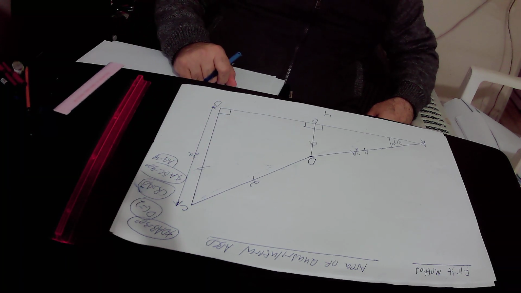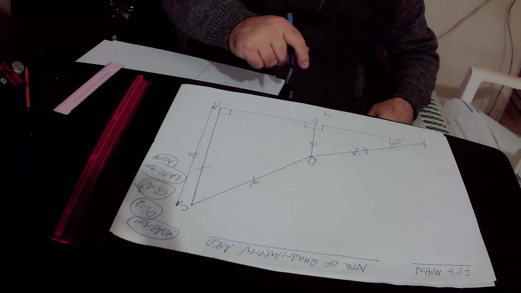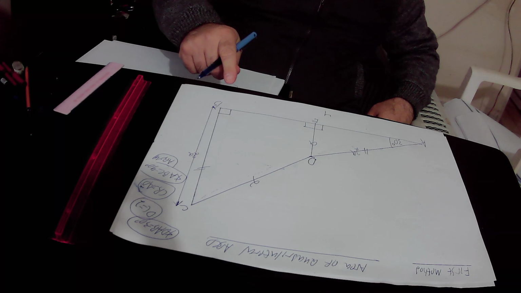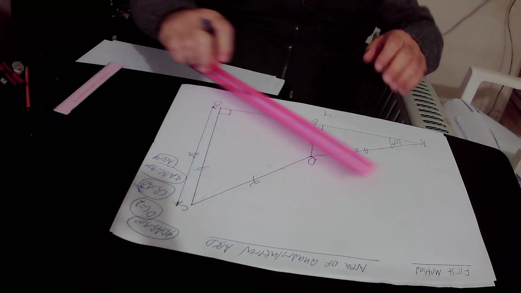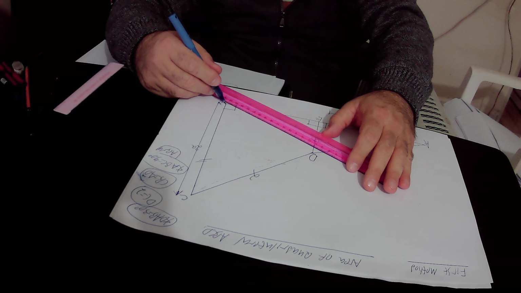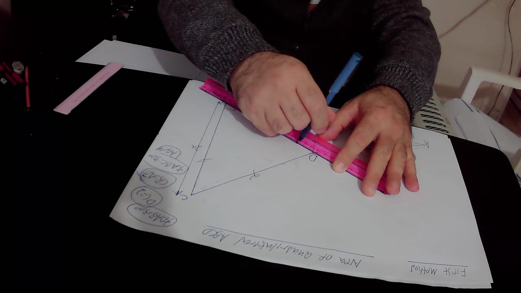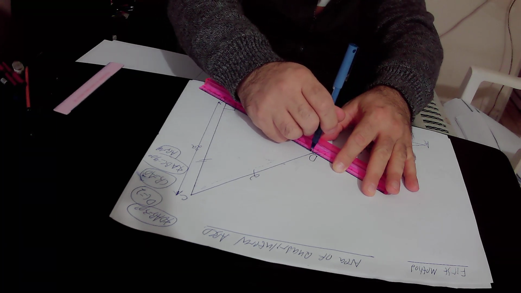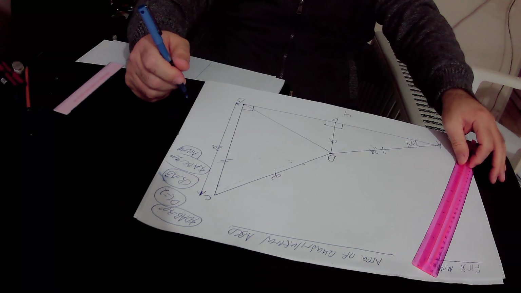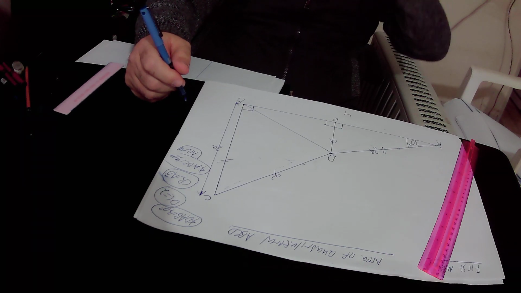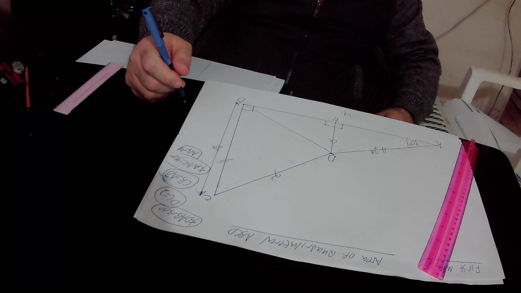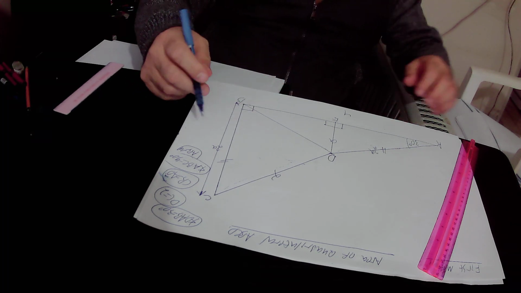In the next step, we will join points D and B together by a straight line. And we will also draw a perpendicular from point D to CB.